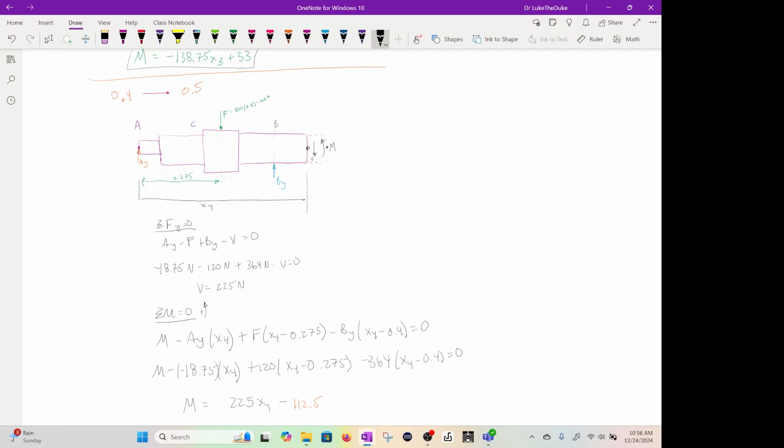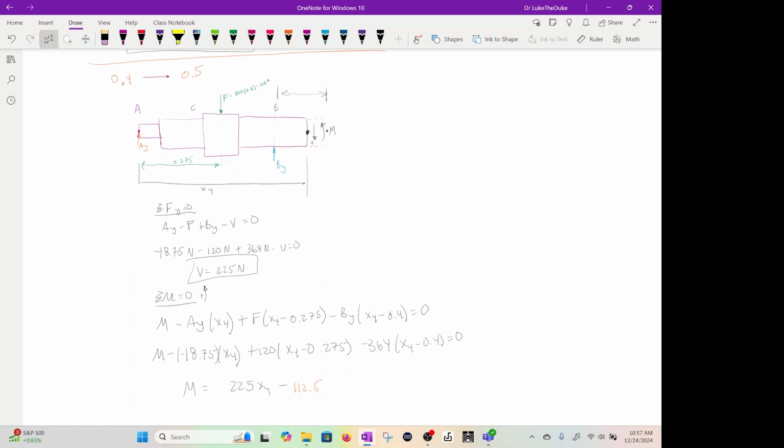And again, we're looking pretty much at section B to that last force. Okay. So we look at all the forces, AY minus F plus BY minus V. We got negative 18.75 minus 120 plus 364. And we get 225 for the shear.